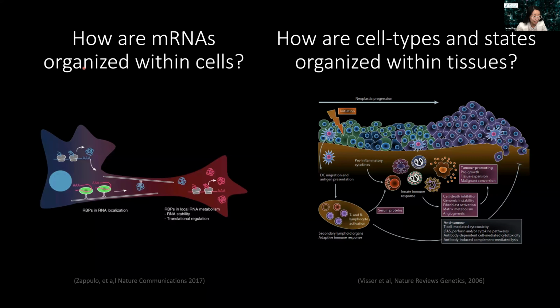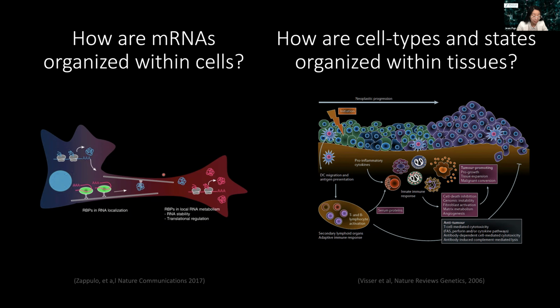Our lab is generally interested in understanding the role of subcellular and cellular spatial organization and how that shapes cellular identity and heterogeneity. In other words, particularly for polarized cell types like the neuron here, perhaps cells undergoing differentiation and division, we're interested in understanding how mRNAs are organized within the cell.